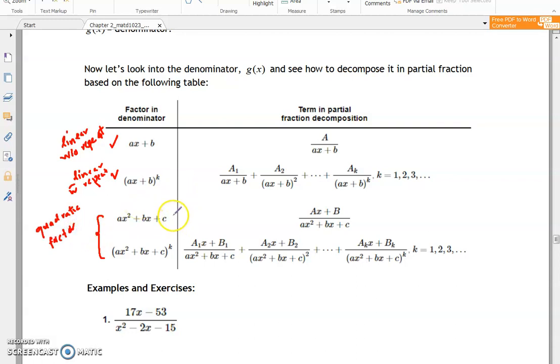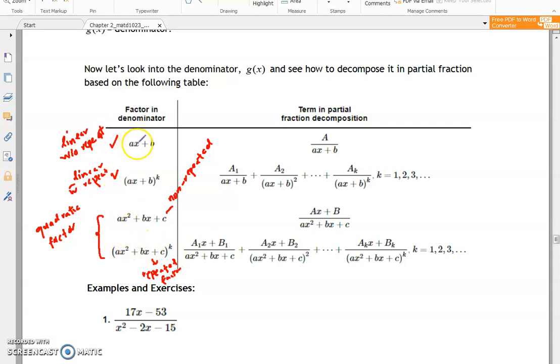And as we see here, this is actually non-repeated, and here we can see that it is actually a repeating function, or repeated factor.